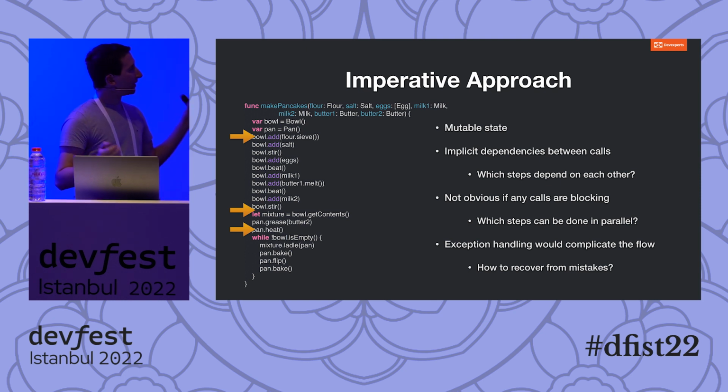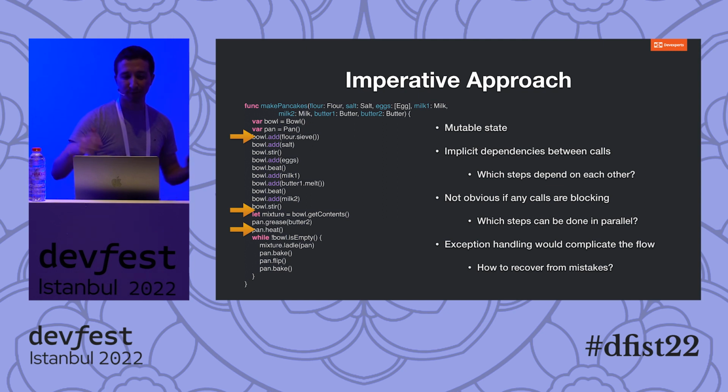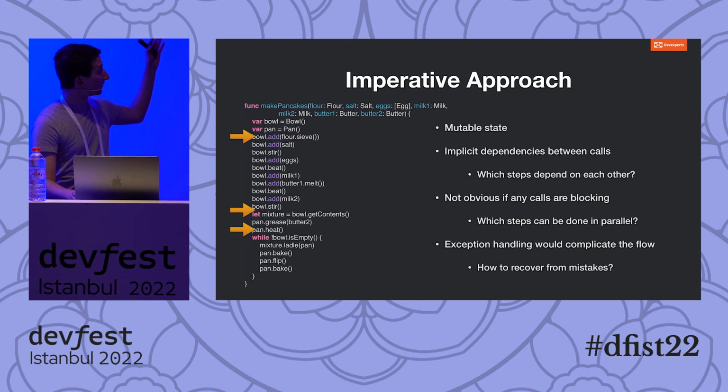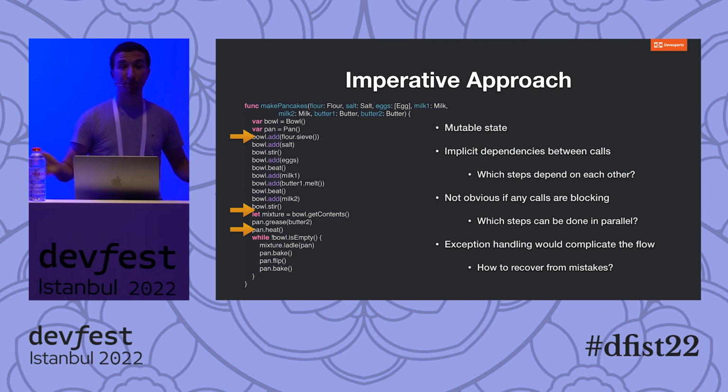It's also not obvious if any of the functions are blocking, because maybe it takes some time for my pan to heat up, or maybe some other operation takes more time than I would expect. And there's no error handling here. There's no exception. So if something goes wrong, then I will need to add some additional logic here, and then this flow will get way more complex. So how can we improve this code?